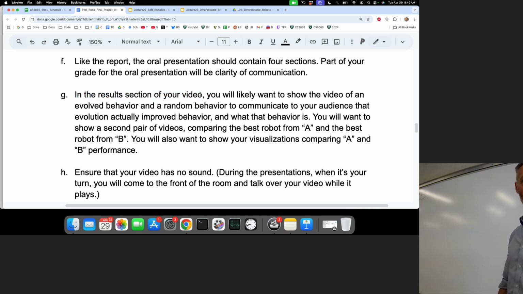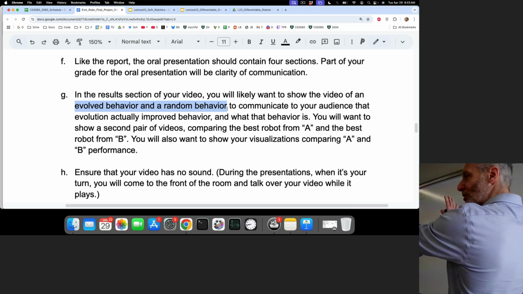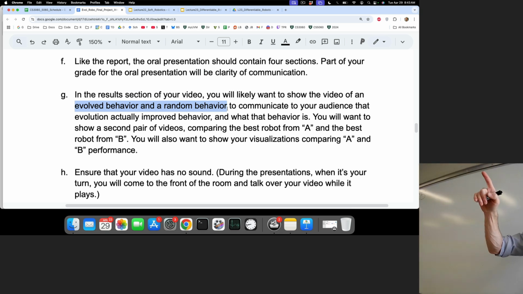So what will you likely want to include in this part of the oral presentation? You'll likely want to show the video of an evolved behavior and a random behavior. Probably you want to put them side by side so we can play the spot the difference game.